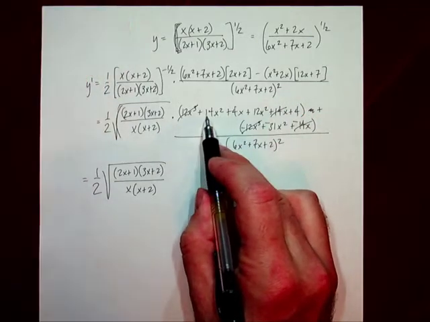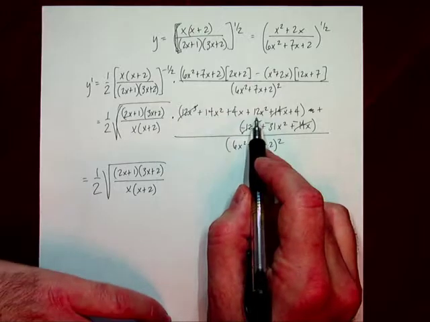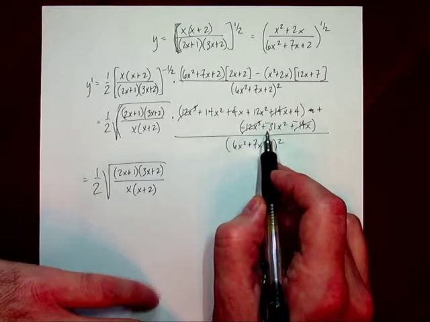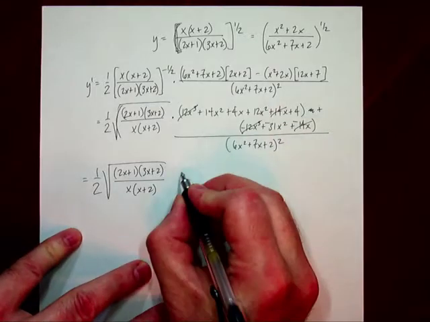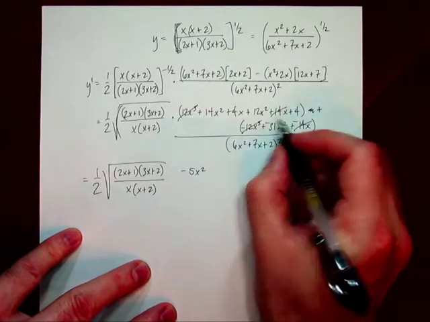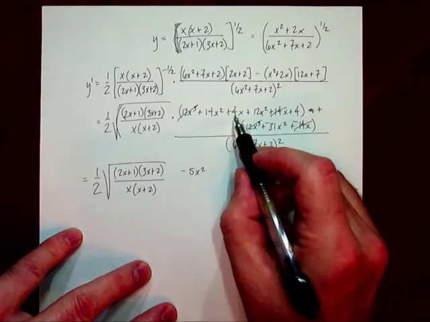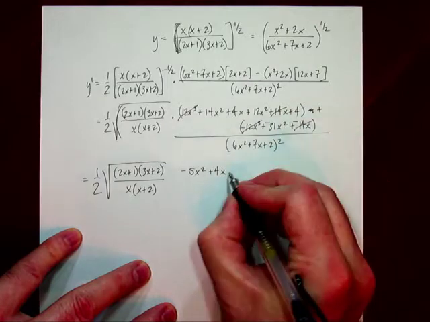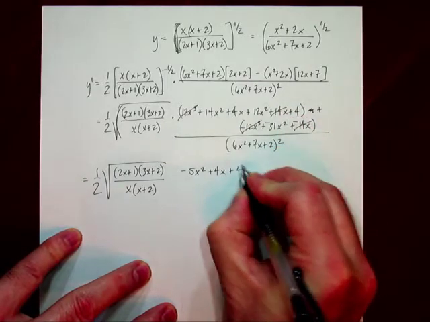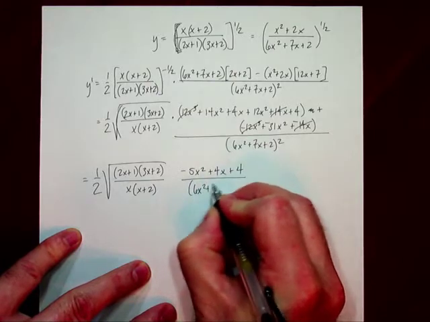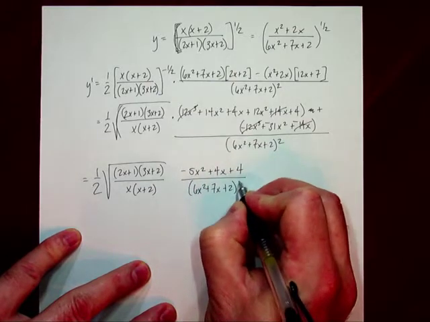I get 14x squared, 12x squared, which is 26x squared, minus 31x squared, that's going to be negative 5x squared. Okay. Then, of course, I'm going to go to my linears. The only one that's left is that 4x. And then, of course, the only constant I have is plus 4. And I have 6x squared plus 7x plus 2 squared.